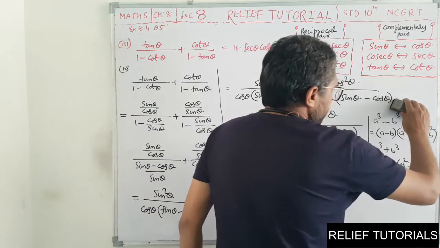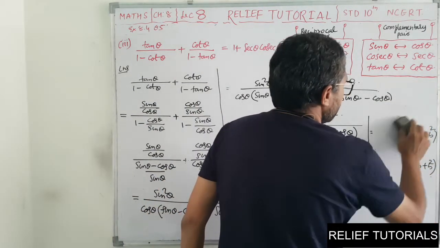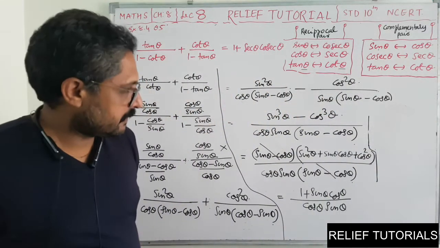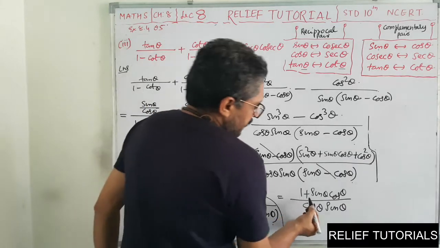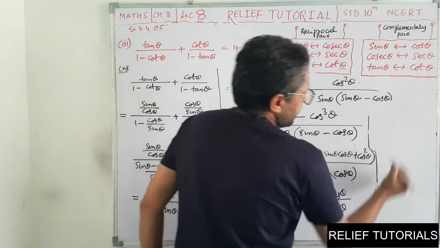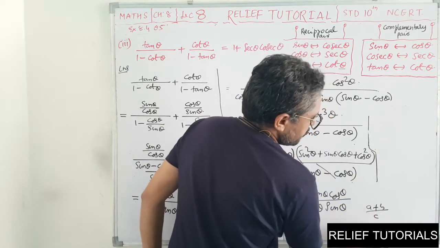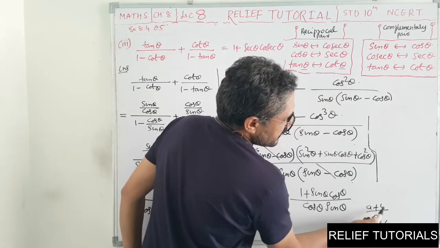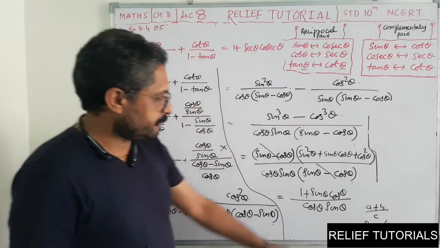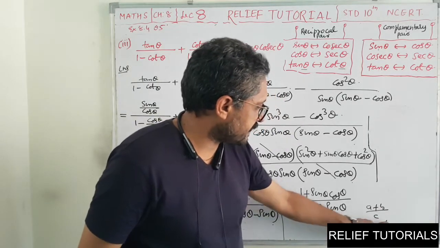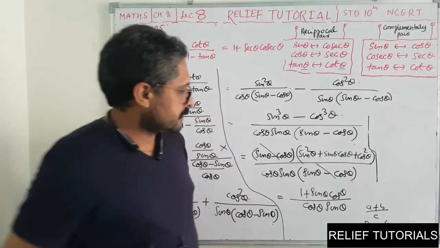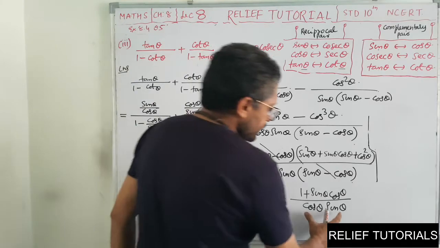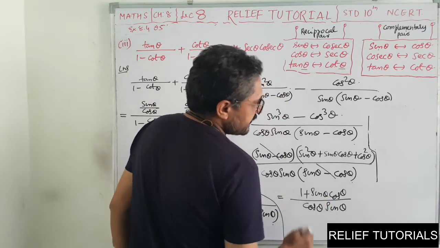Use this identity. See here, a plus b upon c. I can write a upon c plus b upon c. The c will divide both a as well as b. So here, this cos theta sin theta divides 1 as well as sin theta cos theta.